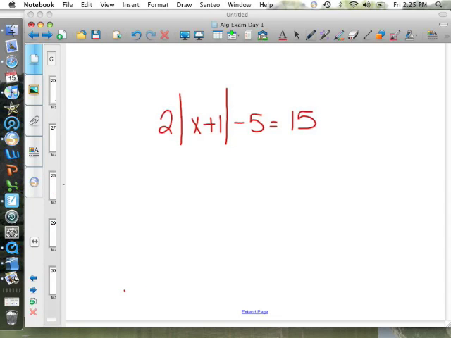What if it's not in a nice, pretty package? You have to make it a nice pretty package. You isolate the absolute value. You don't divide first, you undo minus 5 first. We're going to pass the 5 over to the other side, adding 5 to the other side. Then we divide by 2.